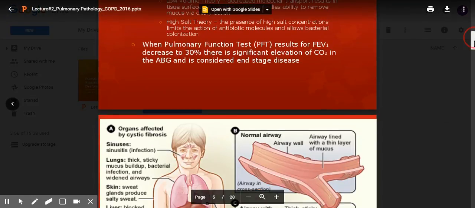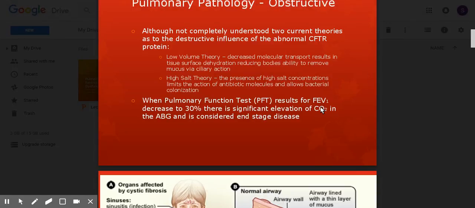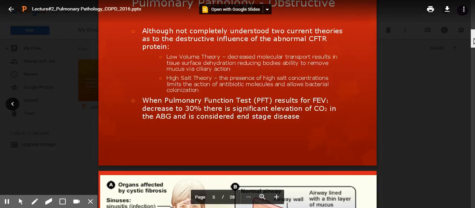When we look later at pulmonary function testing and talk about classifications for patients with emphysema or traditional COPD, that decreasing of FEV1 to 30% is considered a very severe state of the disease, and typically patients have a difficult time functioning at all at that level, and it typically results in death in the shorter rather than longer term.